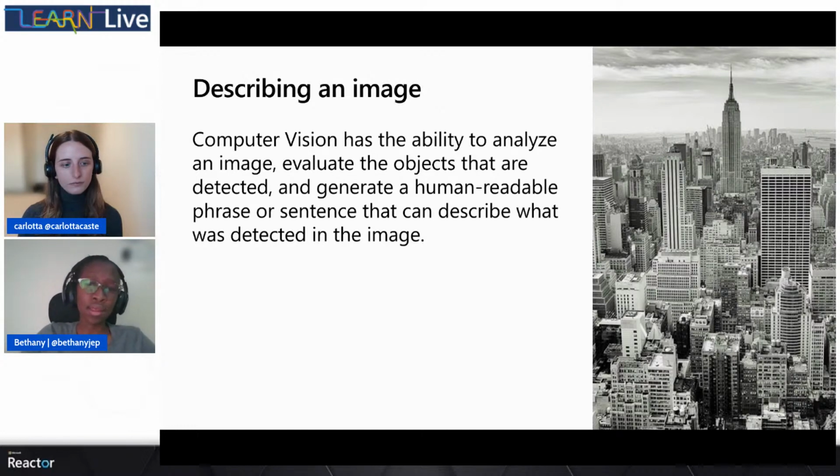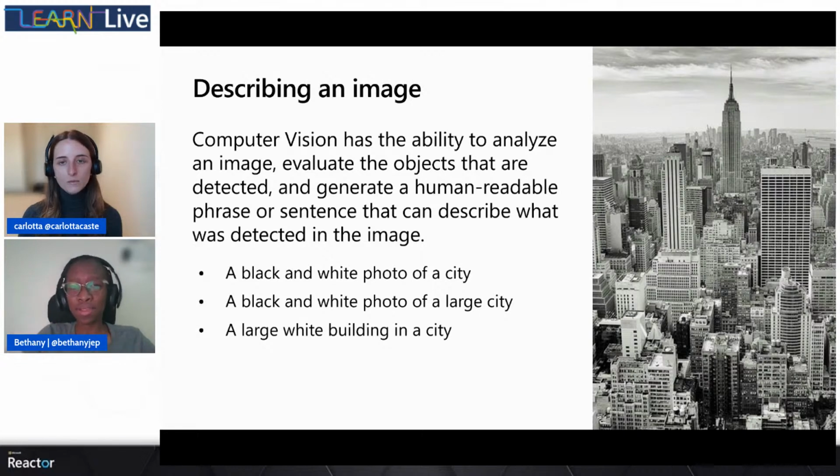For instance, on my right, you can see the Empire State Building in New York, and below there, you can also see the different phrases that are returned. The first phrase is a black and white photo of a city, which is true because this is a black and white photo of New York City. The second one is a black and white photo of a large city.